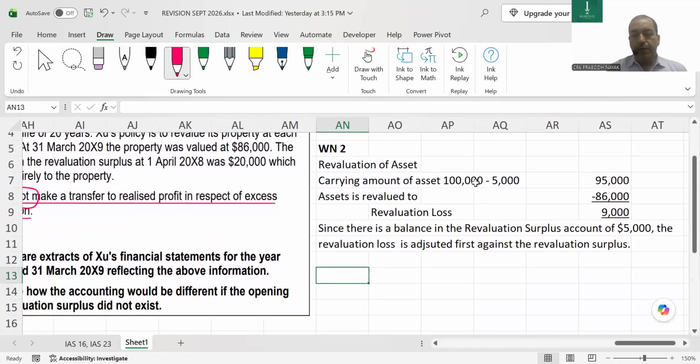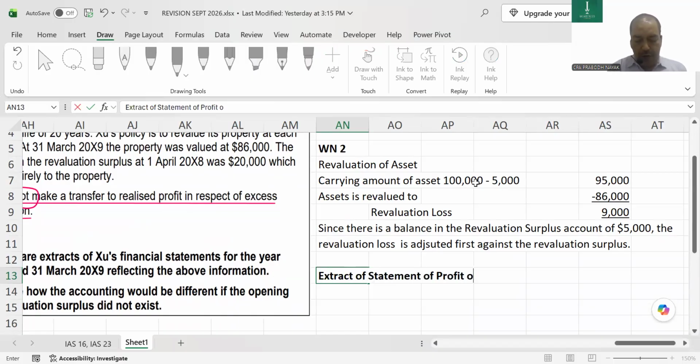Now let us prepare extract of statement of profit or loss and the OCI for the year ended 31st March 20x9.